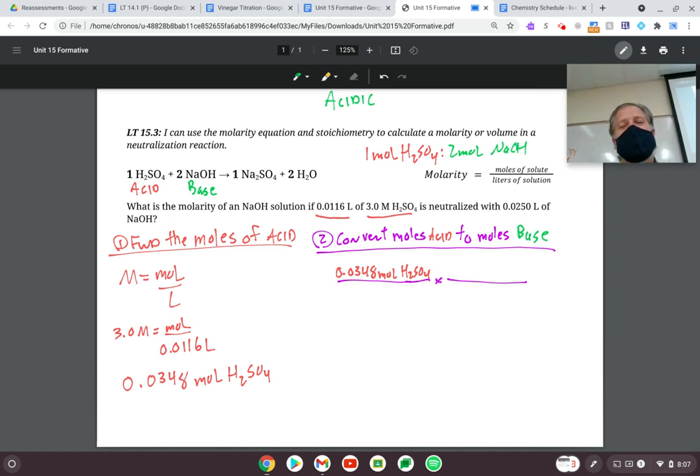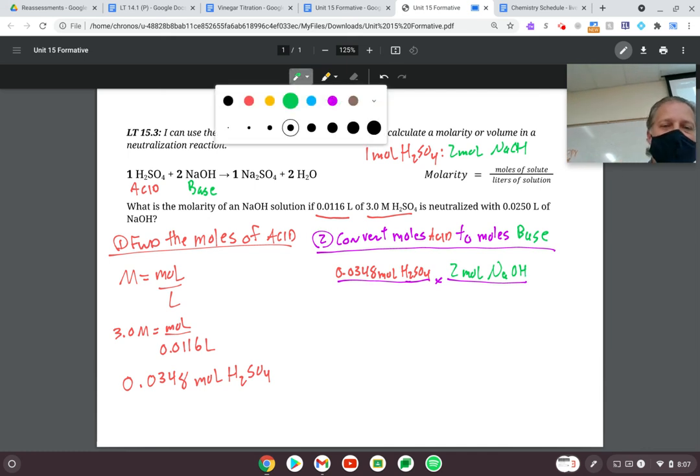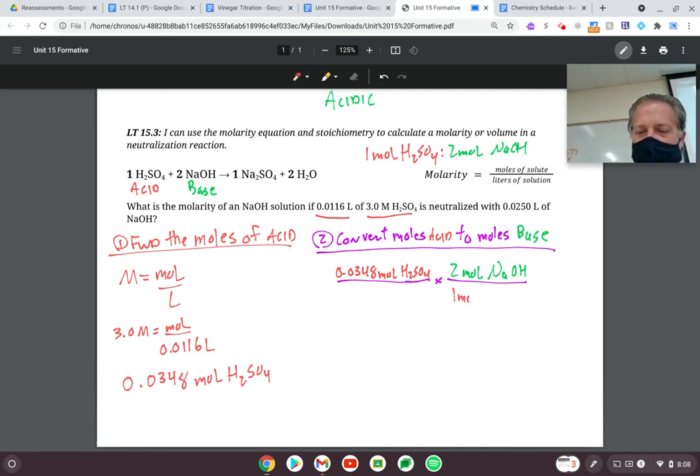So I'm going to set this mole ratio up so that moles of H2SO4 cancel out. So I'm going to put my 2 moles of NaOH on the top and my 1 mole of H2SO4 on the bottom.